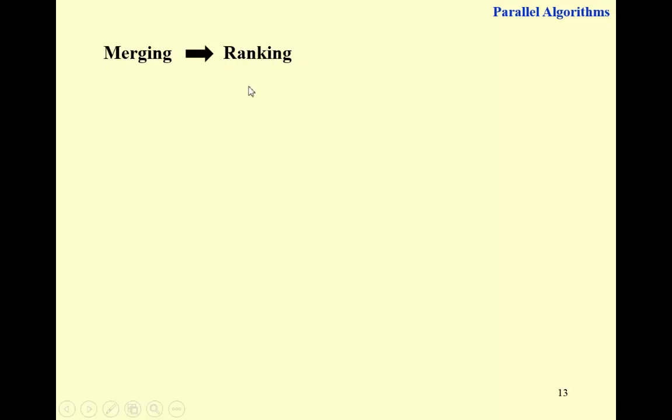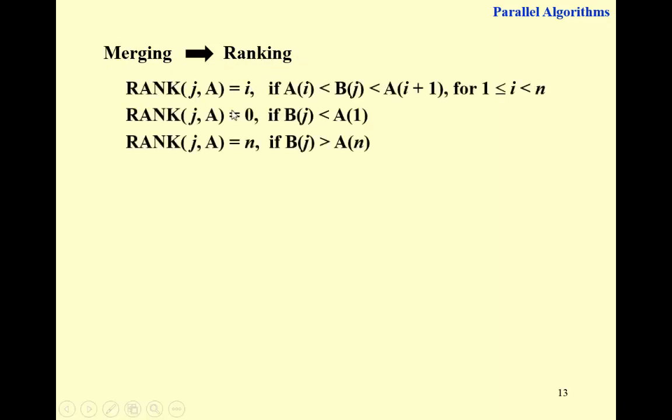The rank is defined as the following. We say rank of B(j) in A equals i. It means that the position of B(j), that's the j-th element in B, in A is right after A(i). It's between A(i) and A(i+1).